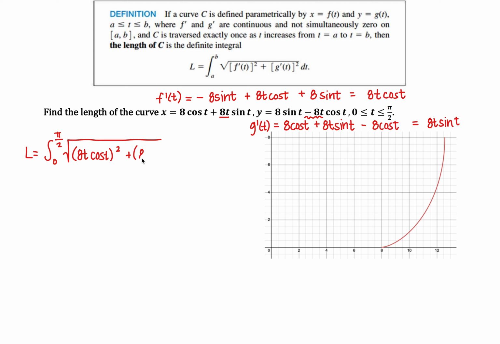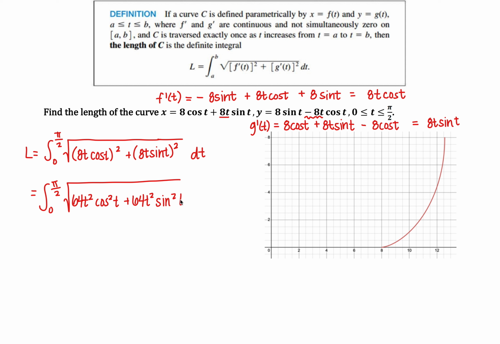So it's going to be 8t sine t squared dt. So inside that radical, we've got 64t squared cosine squared t plus 64t squared sine squared.